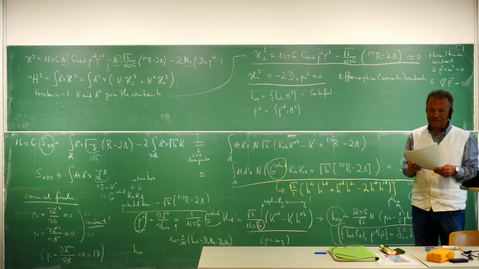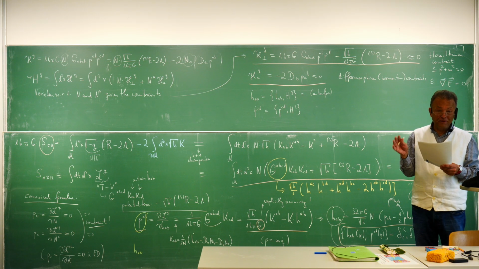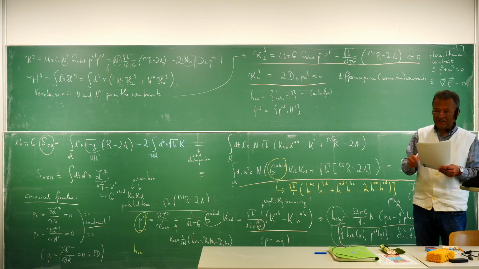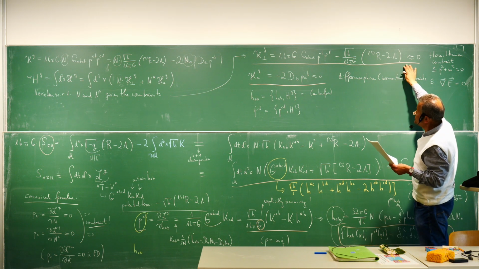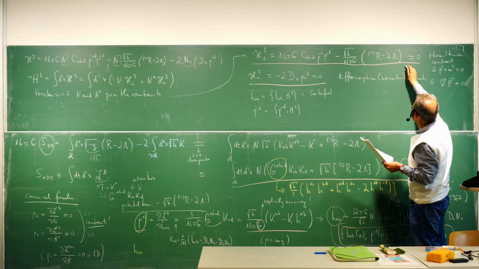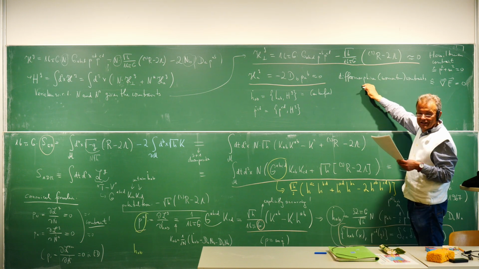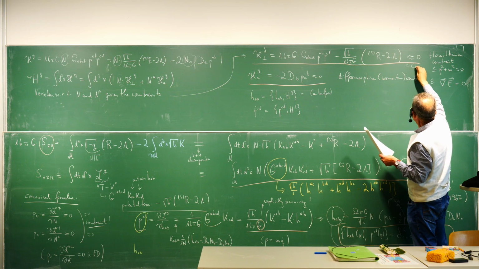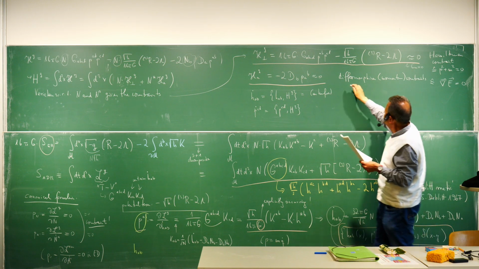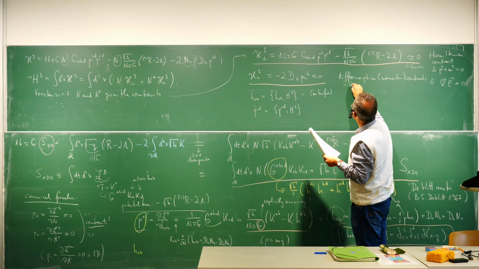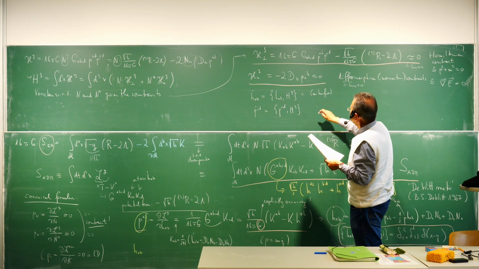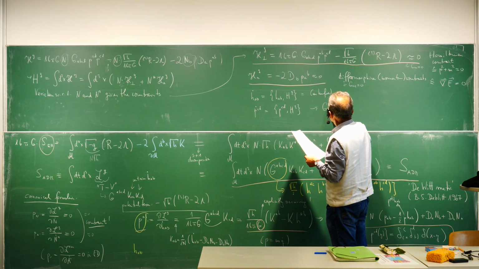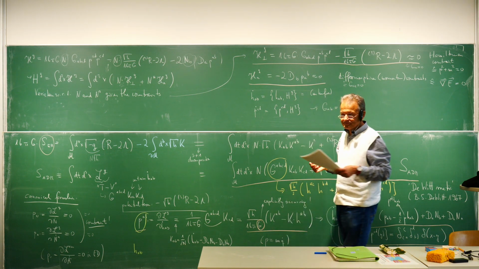But one can show that this gives the remaining 6 Einstein equations. So we have G00 equals 0, G0A equals 0, and this gives G_AB equals 0.